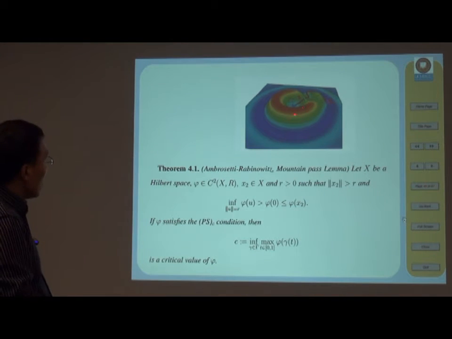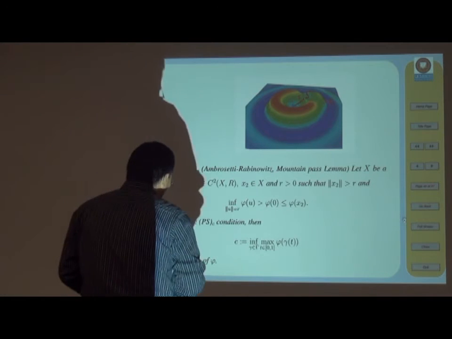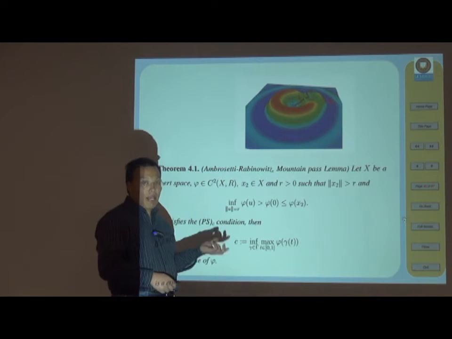You can see there are many paths from 0 to x2, so you must define which is the best.